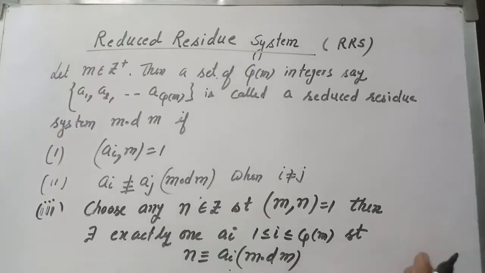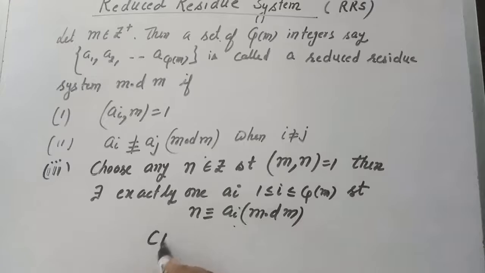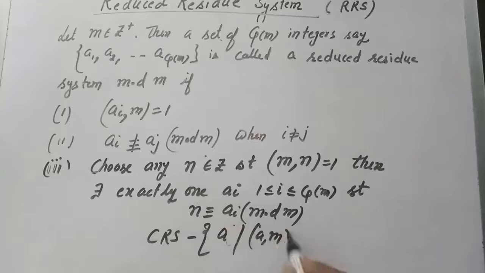Why is it called a reduced residue system? Because take a complete residue system, CRS, and remove those elements which have GCD not equal to 1 with m.